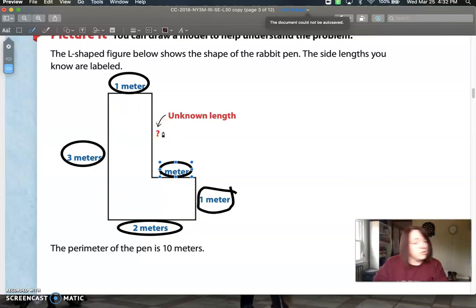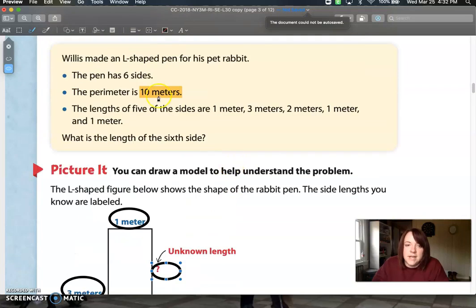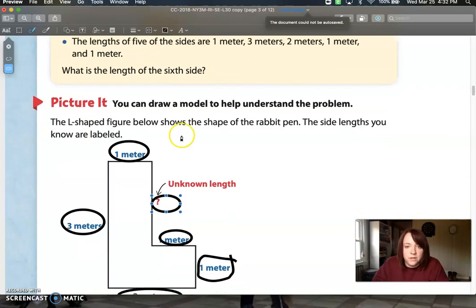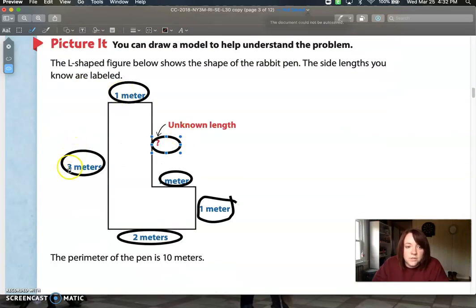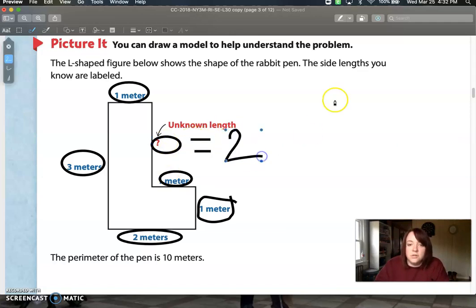Now we need our question mark answer. Our question mark has to be something that we add all of these up and they equal 10 meters. So let's look. 1, 2, 3, 4, 5, 6, 7, 8. Now we need to get to 10. 9, 10. So what is our length? Our question mark equals 2.